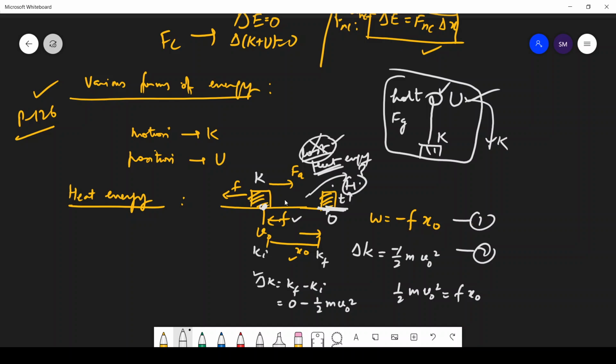But here, in the case of dissipative forces, this kinetic energy was converted into heat energy. And this raises the internal energy of the block and the table. Now the molecules in this block are moving with more speed. That's how the energy transformation takes place.